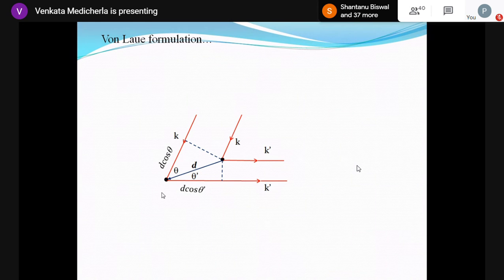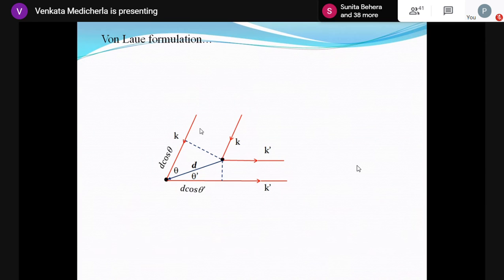That's a vector. Now let's imagine that you have an incident wave vector k of the X-ray. When you want to do an experiment, you have to pass X-ray in some direction, right? So the incident direction is coming like this. The beam is coming like this and falling on both the lattice points simultaneously.